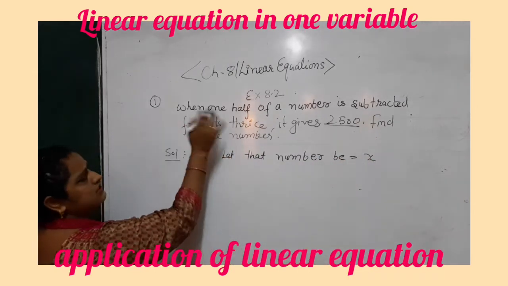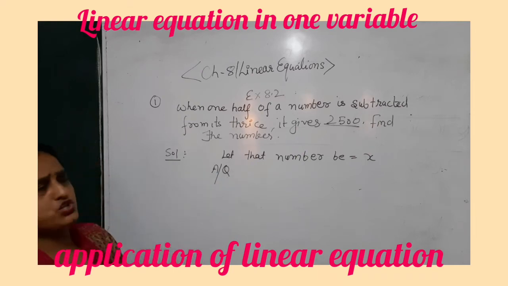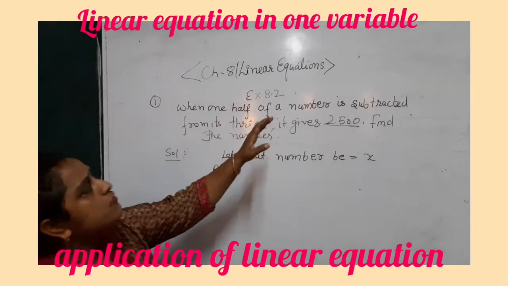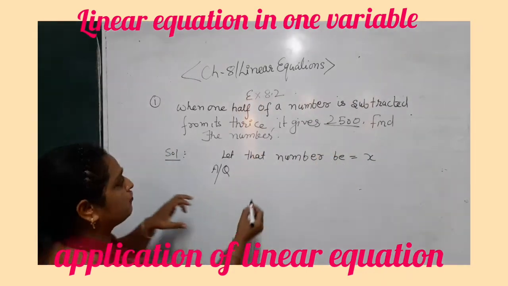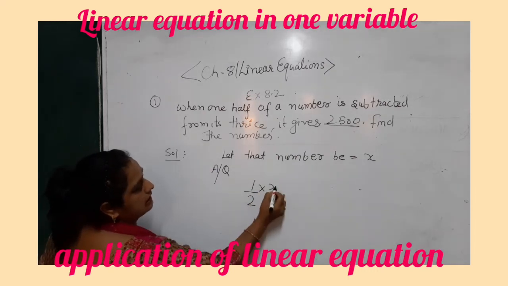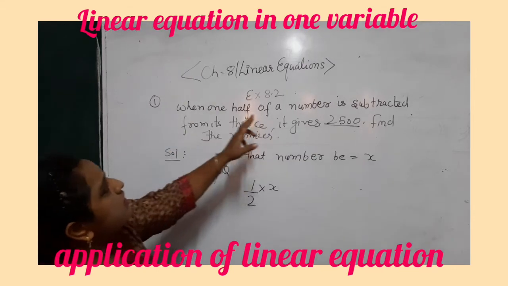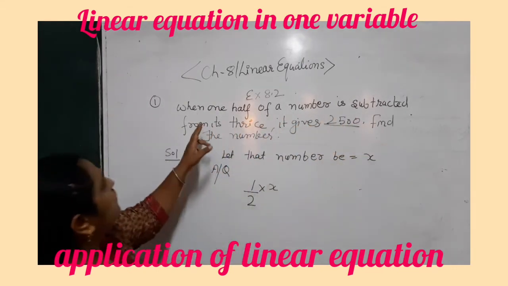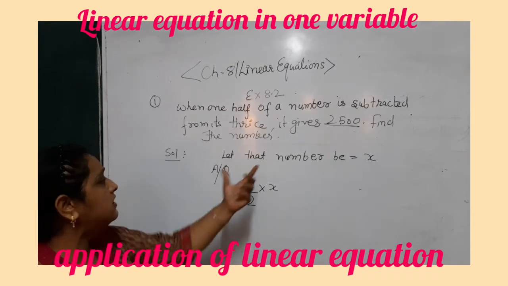Now what is in the question? We will do according to the question. When 1/2 of a number, what is he talking about? 1/2 of that number. That number is what we have supposed, x. And this is subtracted from its thrice.